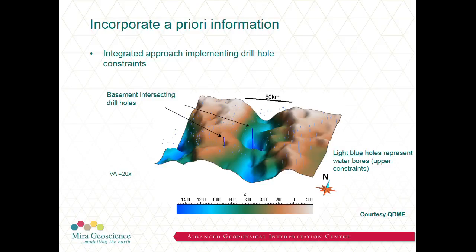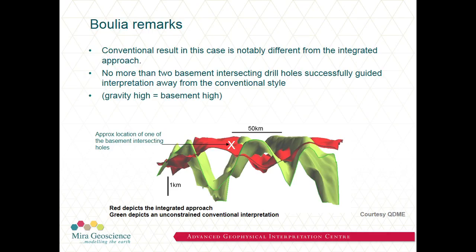So minimal constraints can provide a lot of control on the resulting model, and you can get a pretty reasonable idea of what that cover must be, both geometrically and in terms of its physical properties. So the image at the bottom compares the initial inversion without constraints, just directly inverting for geometry, assuming a homogeneous cover.